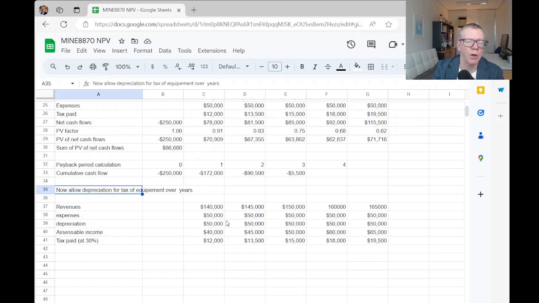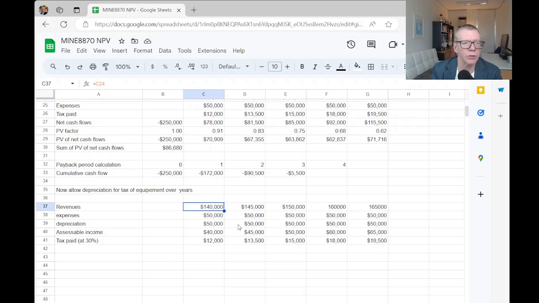So I'll often recommend just doing the tax analysis in a separate part of your spreadsheet to the actual NPV calculation. So what do we have going on for tax purposes? We've got the revenue, which will be assessable for tax purposes. We'll have the expenses, which are going to be deductible for tax purposes. The next row that we've got is depreciation. So depreciation, I'm going to be depreciating the equipment over 5 years.